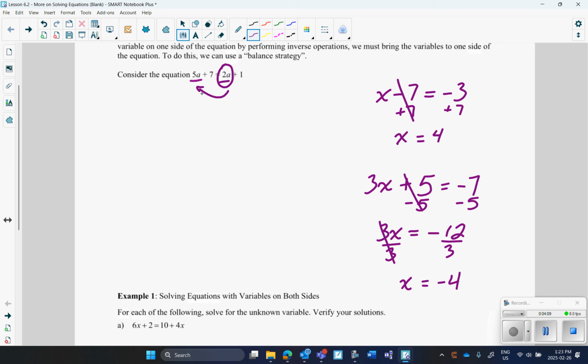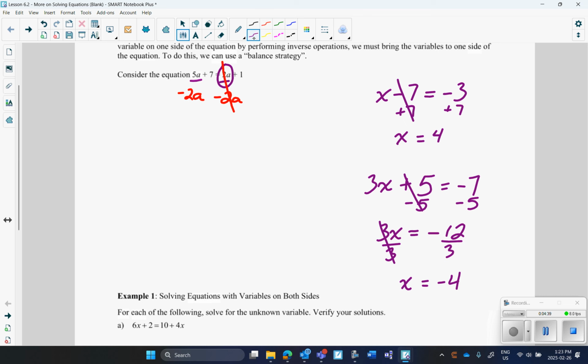What gets 2A to nothing? Don't overthink. Subtract 2A, right? So if I subtract this side by 2A, I have to do the same thing to the other, right? I have to subtract the left side by 2A. What does the equation look like?